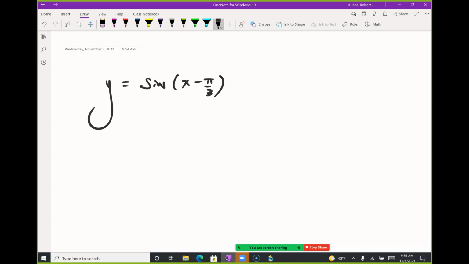I can see that a is 1. I always want to kind of do this in order. Okay, my amplitude is 1, right? What's the value of b? 1. So right away, I should be able to talk about the period. Is everybody okay with the b value being 1?